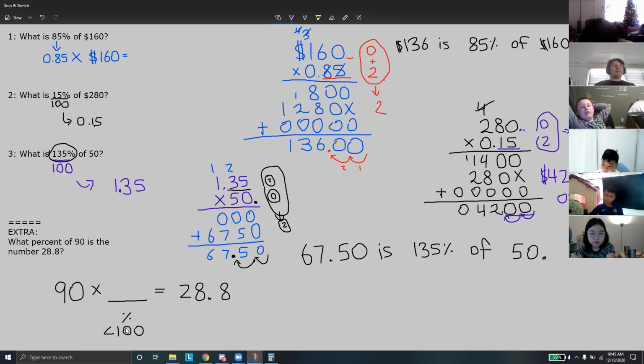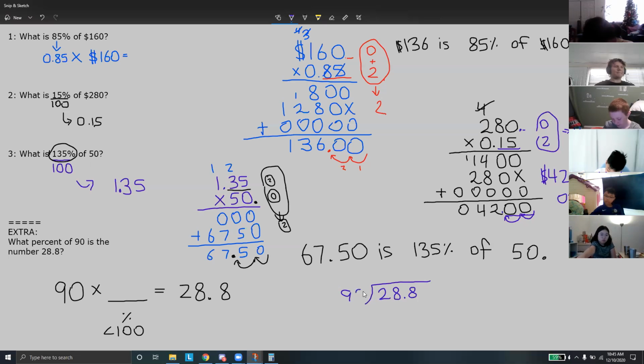We have 90 times some percent that is less than 100. Well, I could try plugging in numbers. Another thing that I could do is 28.8 divided by 90. There we go.